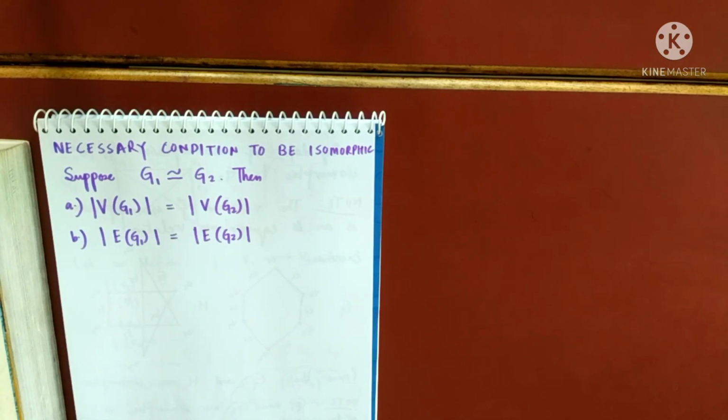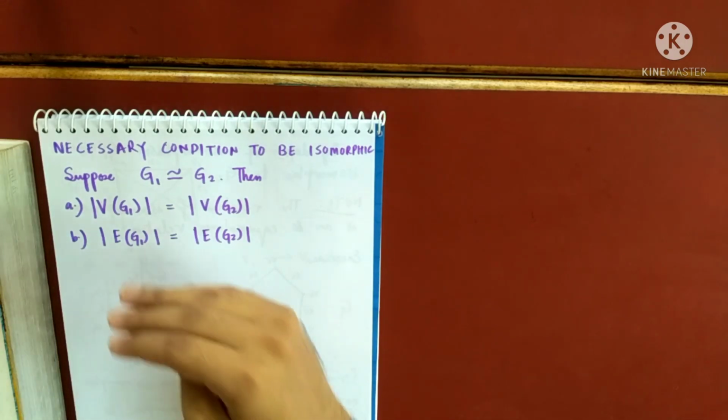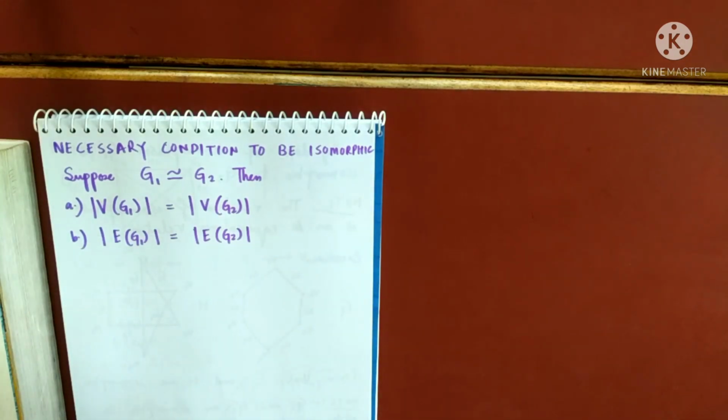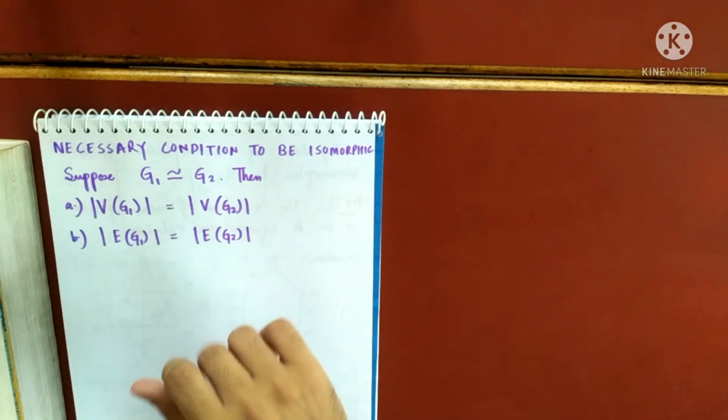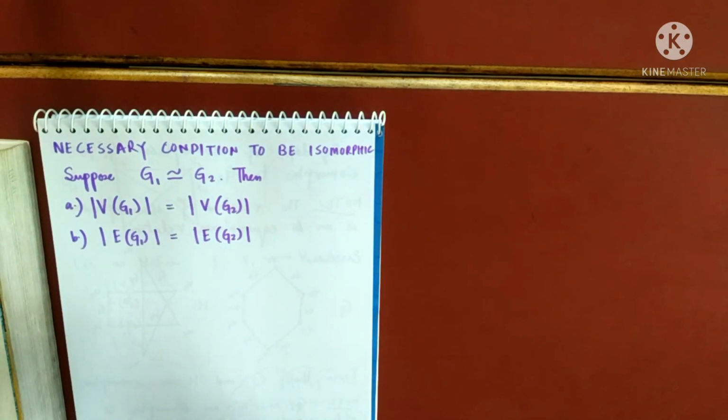If the number of vertices is different, you simply conclude that the two graphs are non-isomorphic. Similarly, if you count the edges and the number of edges in both graphs is the same, then you cannot conclude anything because it is a necessary condition. But if the number of edges is not the same, you can clearly say that the graphs are not isomorphic. So remember that one thing.